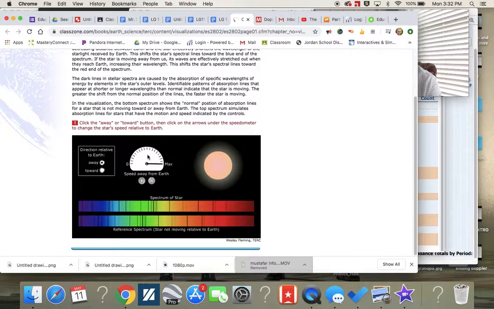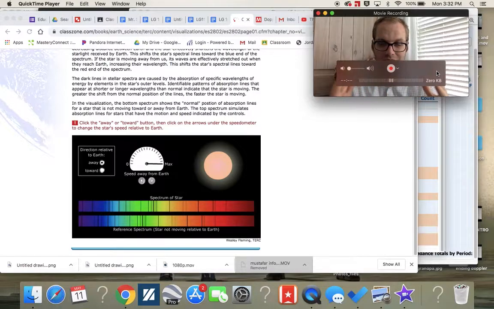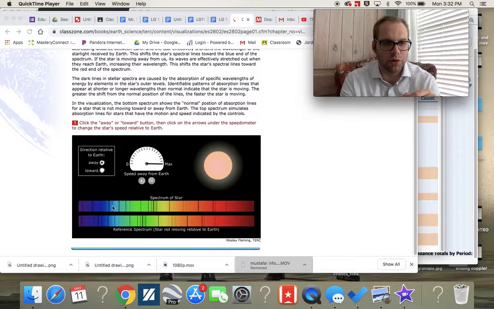The faster and faster I make it move away from us, the more it's going to stretch out those wavelengths. And if I make wavelengths longer, what side of this spectrum, blue, purple, or red, has longer wavelengths? Reds.